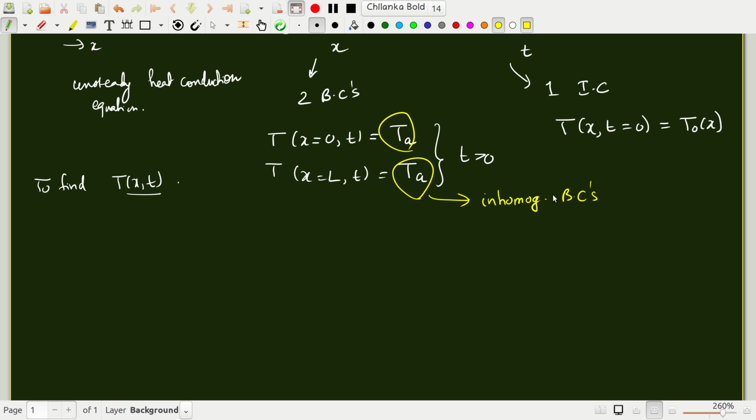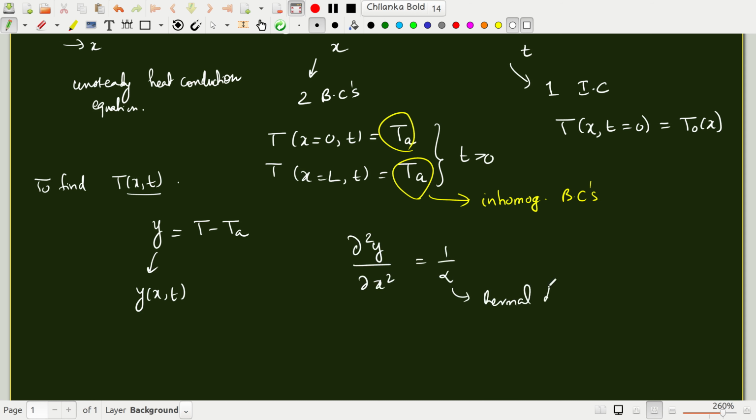It is easy to change the boundary conditions to homogeneous by redefining the temperature as T minus Ta. So instead of T of x,t, we are now going to solve for y of x,t. The governing equation becomes partial squared y by partial x squared is 1 over alpha, where alpha is the thermal diffusivity, times partial y by partial t.